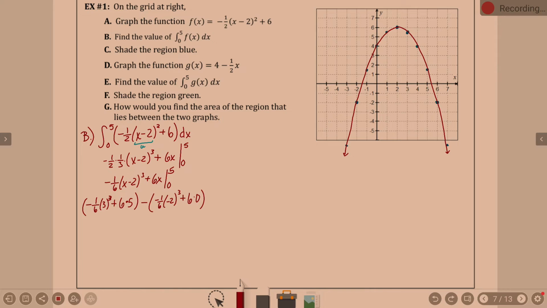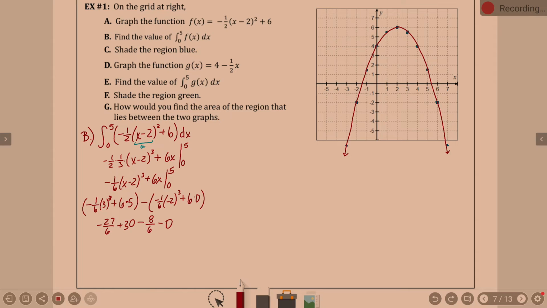Okay. So, let's see. 3 to the third is 27. I have negative 27/6 plus 30 minus negative 2 to the third, which is negative 8, times negative 1/6 is 8/6 if we want. So minus 8/6 and then minus 0.